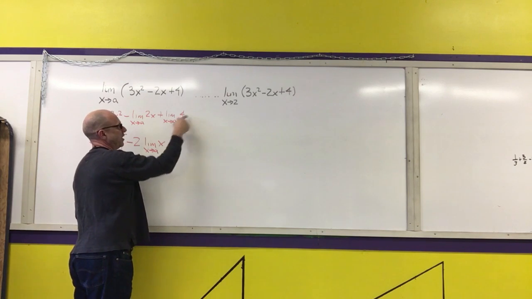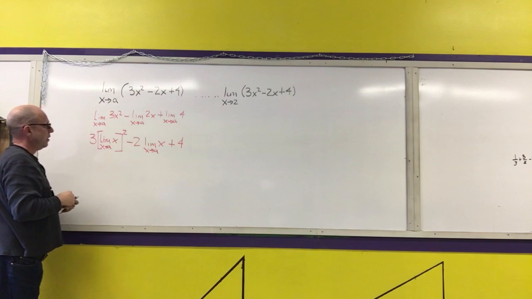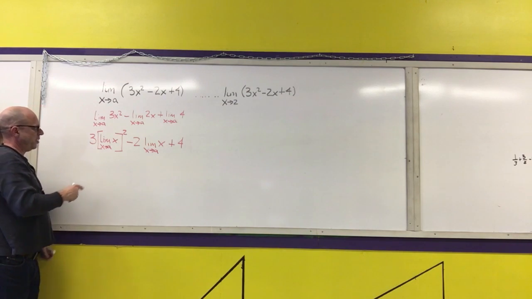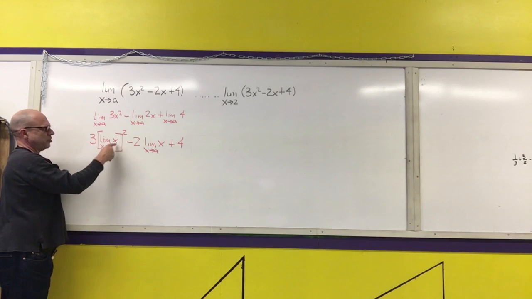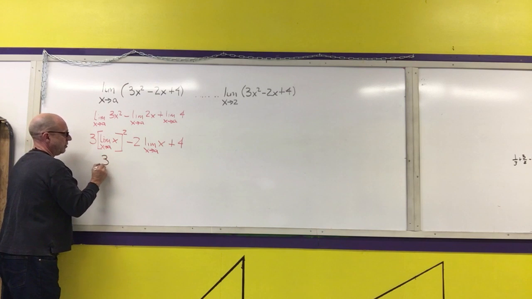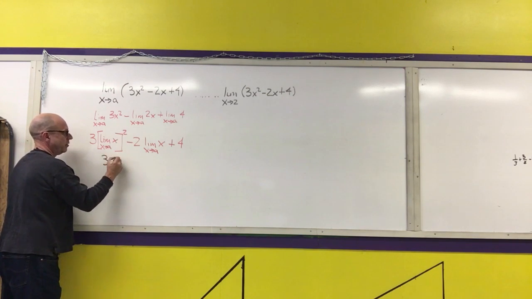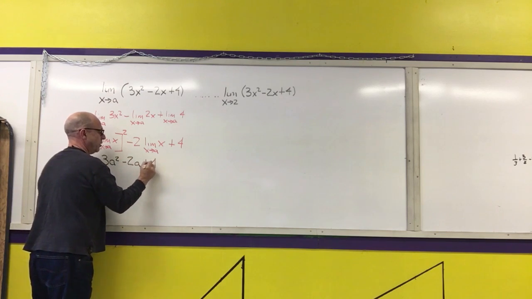And this is the limit of a constant, which is just that constant. And from our basic properties of limits, we know that the limit as x approaches a of x is just a, substituting that into there. So my final answer is going to be 3a squared minus 2a plus 4.